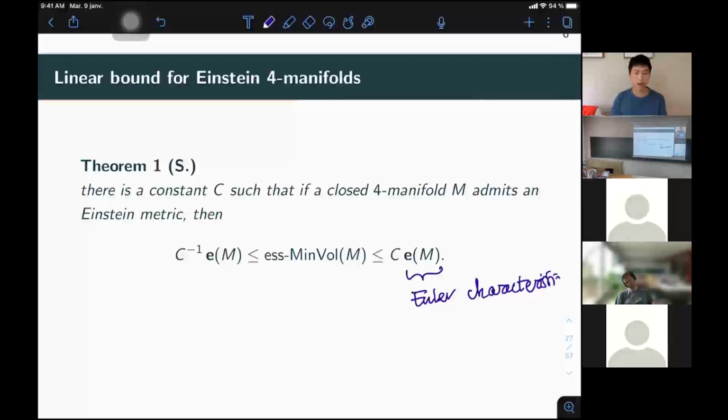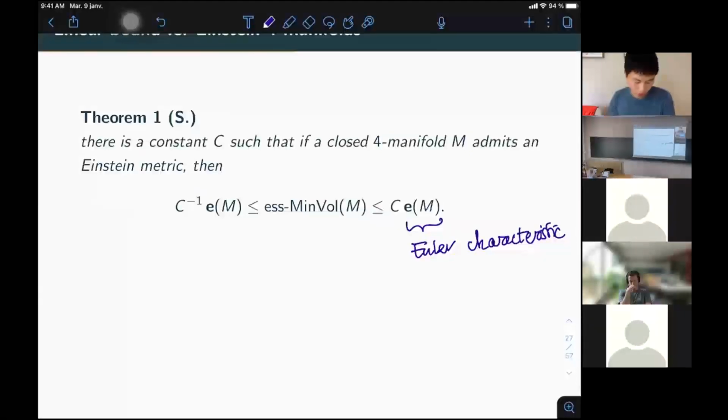Note that the essential minimum volume is defined using metrics and the smooth structure, but in that particular case, you can bound it by something purely topological. It's reminiscent of what's happening in dimension 2 for two-dimensional real surfaces, where the essential minimum volume is given by the Euler characteristic.